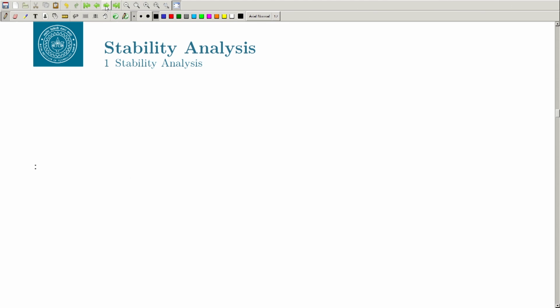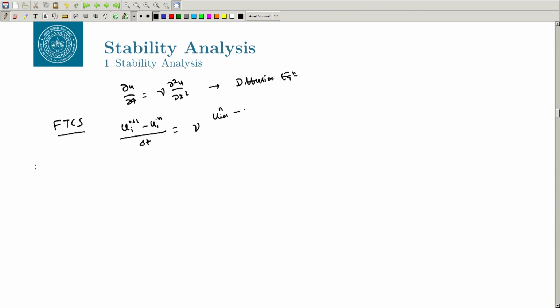Let us take one example of this analysis. Consider the equation del u by del t equals nu del 2 u by del x square. This is my diffusion equation, and we will consider FTCS, forward time central space. That is (u_i^(n+1) minus u_i^n) by delta t equals nu (u_(i+1)^n minus 2 u_i^n plus u_(i-1)^n) by delta x square.